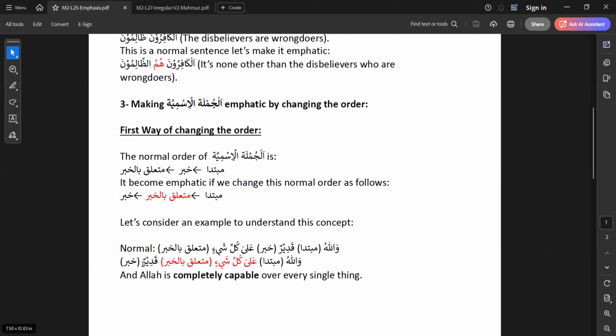Instead of simply saying Wallahu qadirun ala kulli shay', meaning Allah has power over all things, by changing the order there's an emphasis which unfortunately sometimes isn't appreciated: Allah is completely capable, with complete power over everything. That emphasis, indicated by the word "completely", is implied due to the changing of the order.